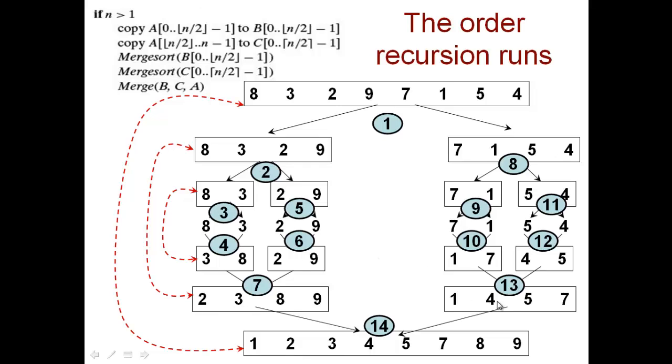So compare 3 with 4, 3 is smaller, so move to the next element. 8 with 4, 4 is smaller, so move to the next element. 8 with 5, 5 is smaller, move to 7. 8 with 7, 7 is smaller, write it down.